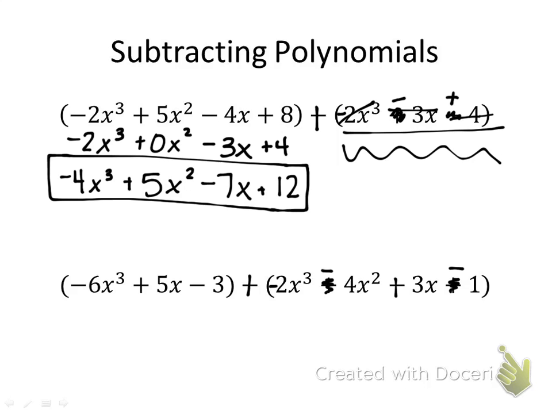Negative 6x cubed goes first. What would come after negative 6x cubed? 5x, but what would come before that if I had a term there? X squared, right? So I can put 0x squared. You say, okay, why did you do that?